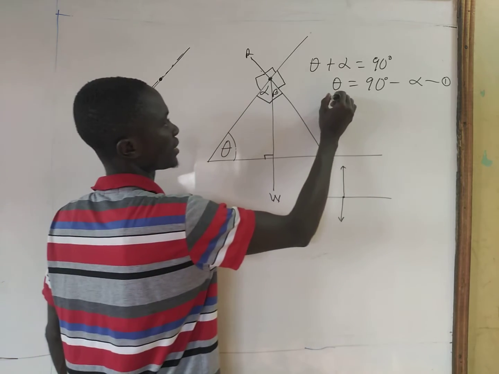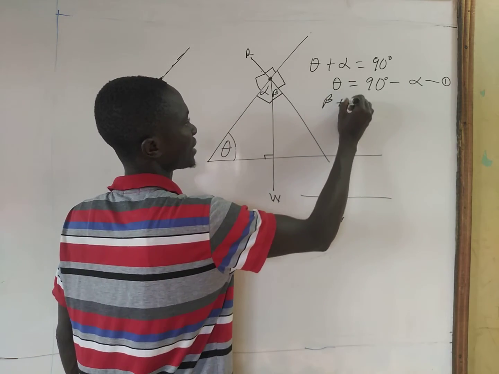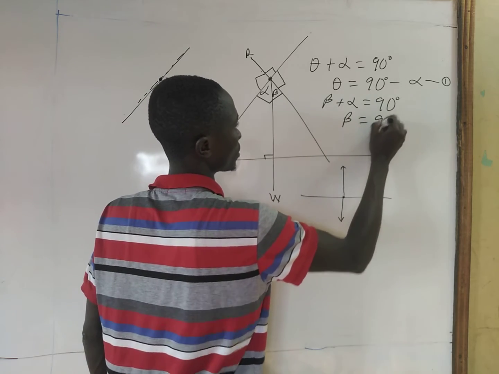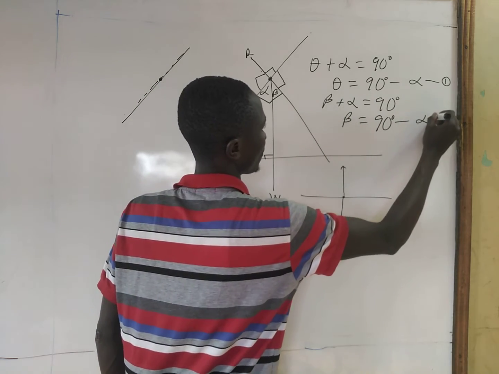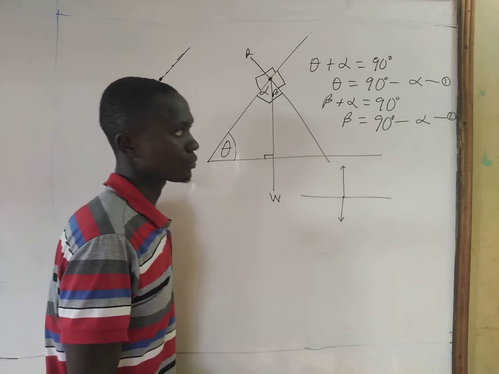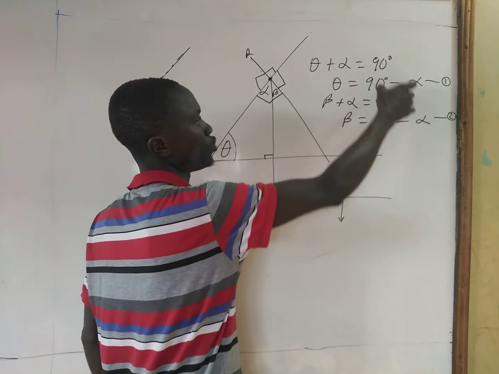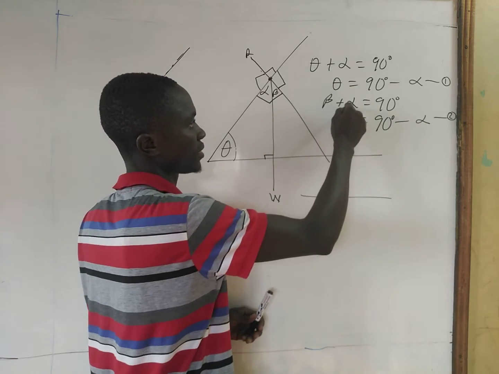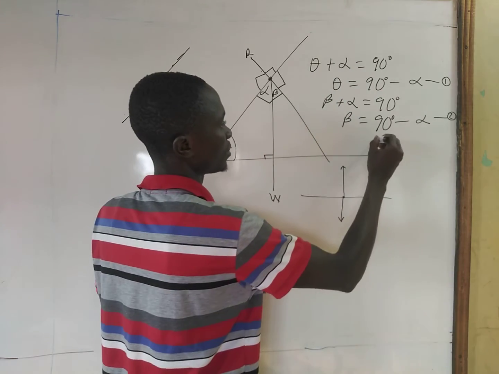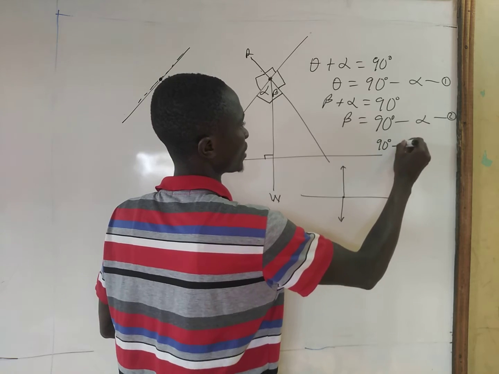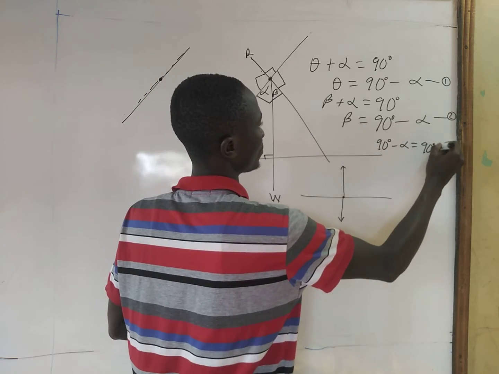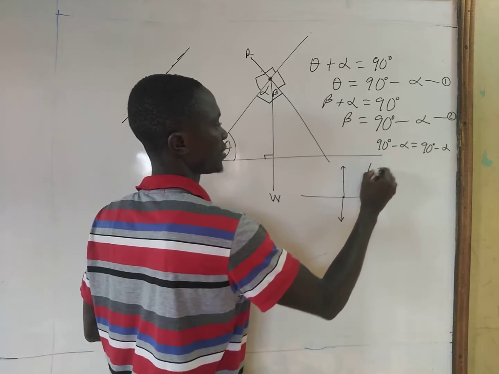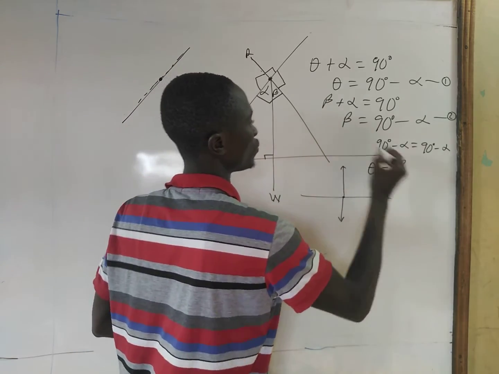So you can say that beta plus alpha equals 90 degrees, and beta equals 90 degrees minus alpha, equation 2. If we compare equation 1 and 2, you see that the right hand side, 90 degrees minus alpha, is equal to 90 degrees minus alpha. Then it implies that the left hand side, theta, is equal to beta.